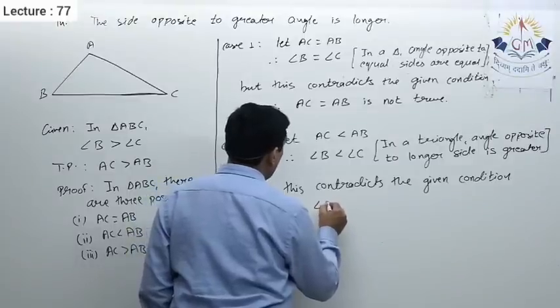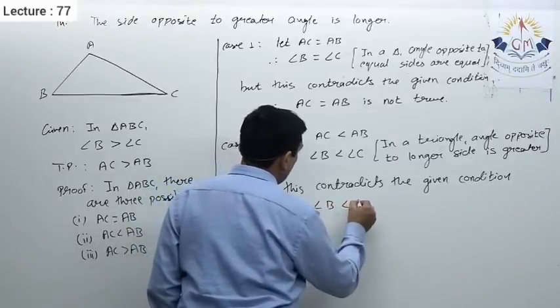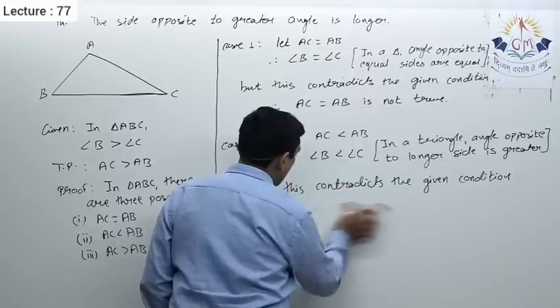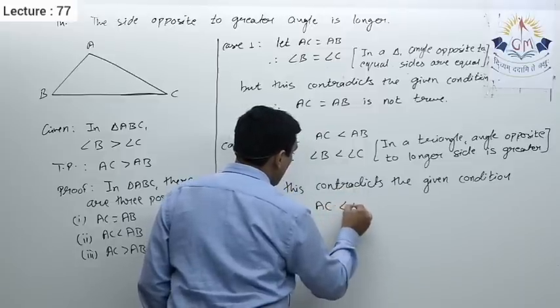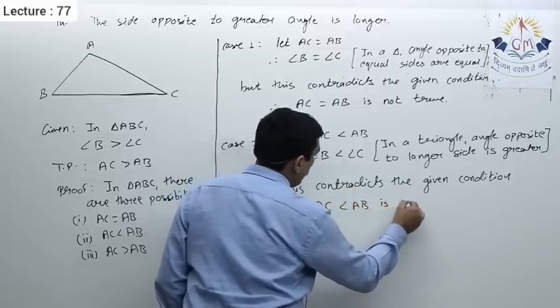Therefore I can say AC less than AB is not true.